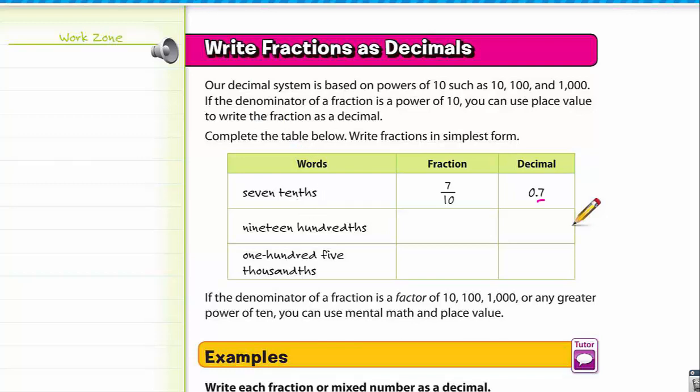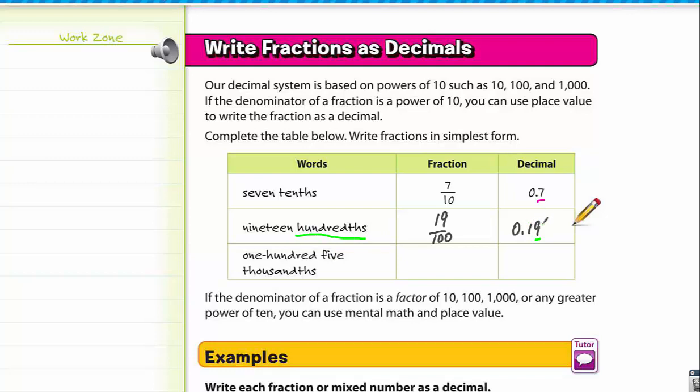All right, 19/100ths. I'm going to write the fraction, and then I want you to write it as a decimal, simplest form decimal. So there's the fraction. Pause the video for a moment. Write that as a decimal. Okay. What you should have had is 0.19 because that 9 is in the hundredths place.